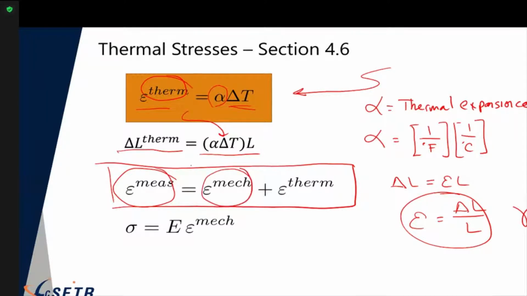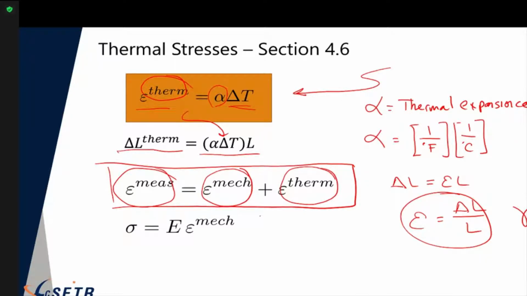A strain that results in the mechanical stress, we're going to call that epsilon mechanical, and also the strain that results from the free thermal expansion. If we think of this additive decomposition of the measured strain, then it makes a lot of these problems really easy.